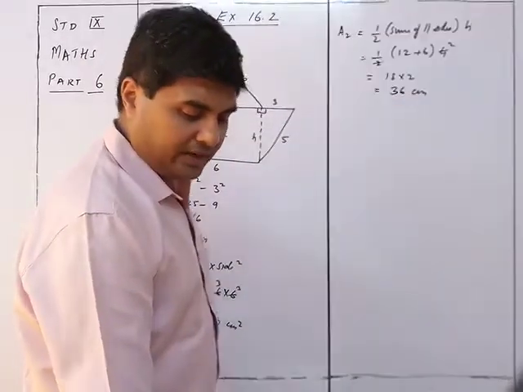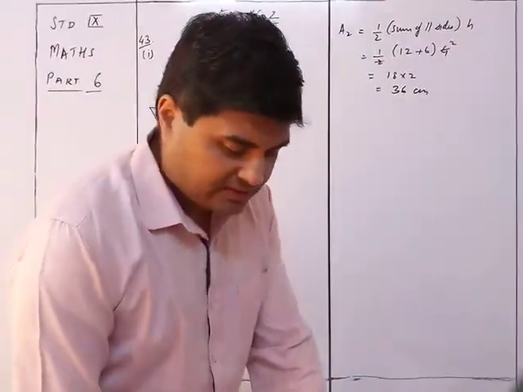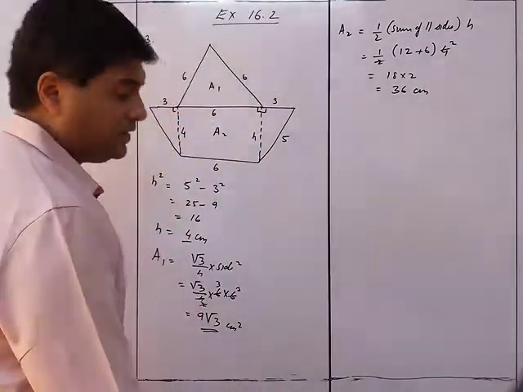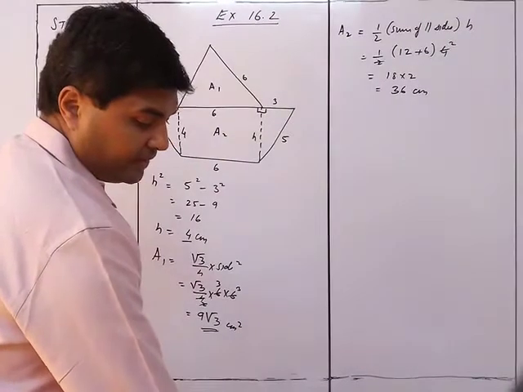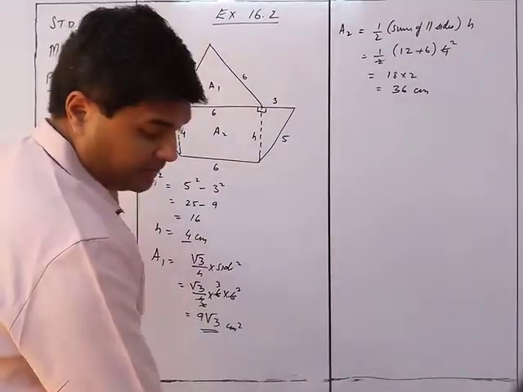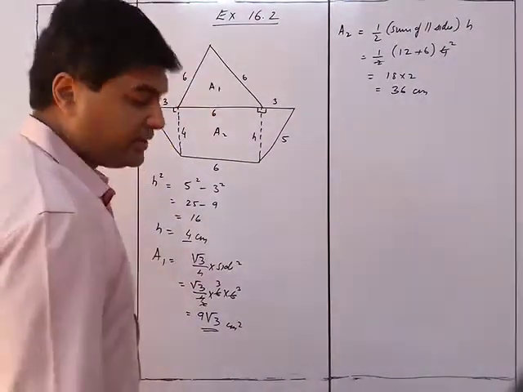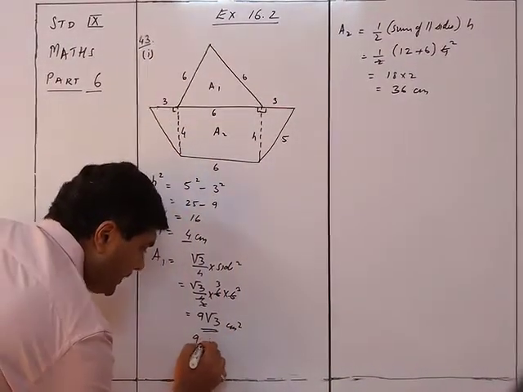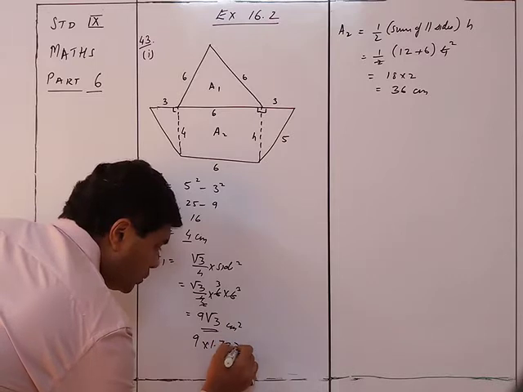Now accordingly, I'll just check whether they have put the answer in decimal points and I'll put the value of root 3, or if they have given it in the root 3 form only, then we can keep it as it is. So yeah, they have given the decimal form. So here, this is 9 into 1.732.